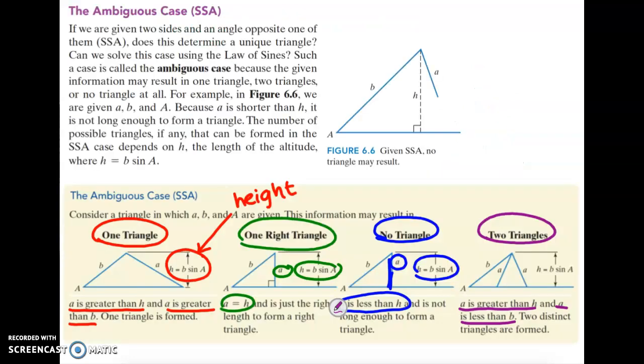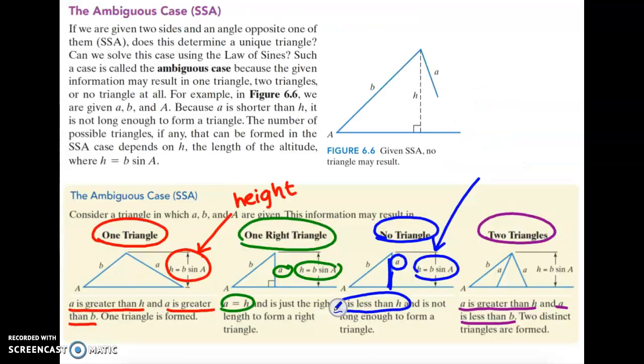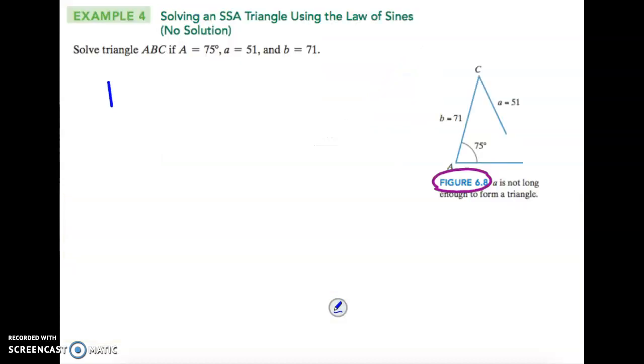So if we go back to this blue image, we want to find that height to show that a is less than h. So how we find that is we're going to use this blue equation right here. h equals b times the sine of A. h equals b times the sine of A. So we plug in what we know.